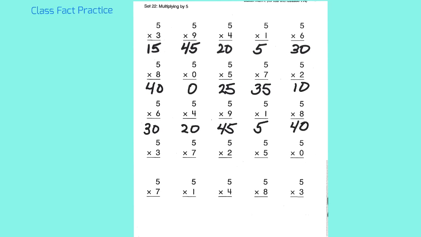Yes, 40. 5 times 3, 15. 5 times 7, 35. 5 times 2, 10. Doesn't look like a 10. 5 times 5, everyone, get ready. 25. 5 times 0, 0.